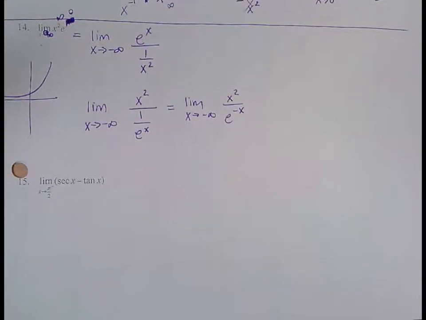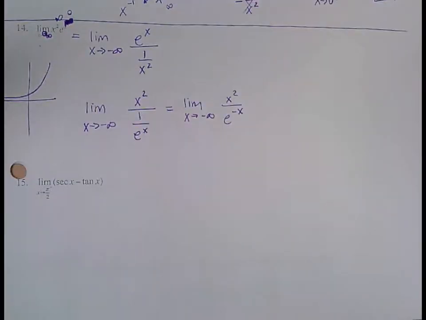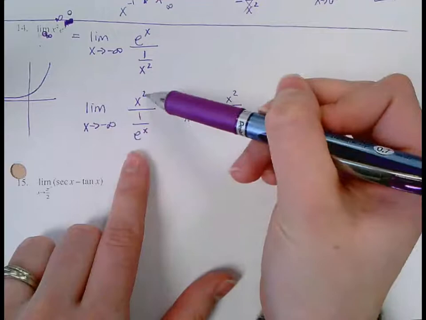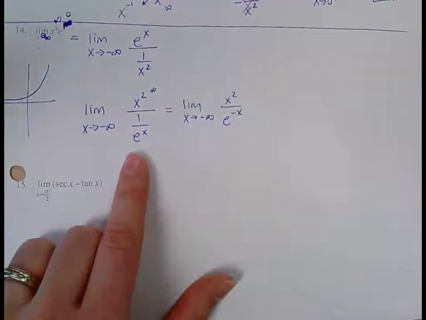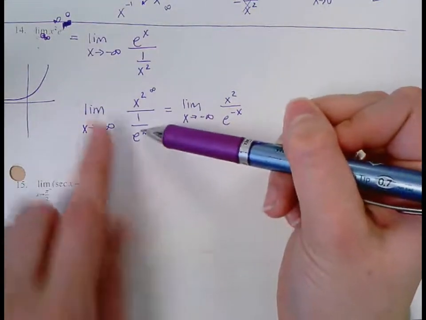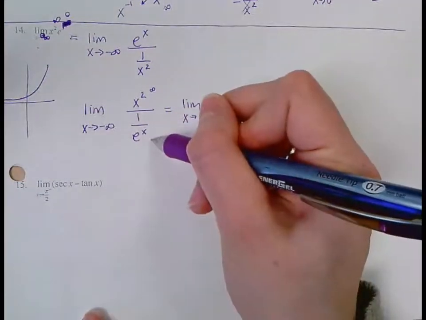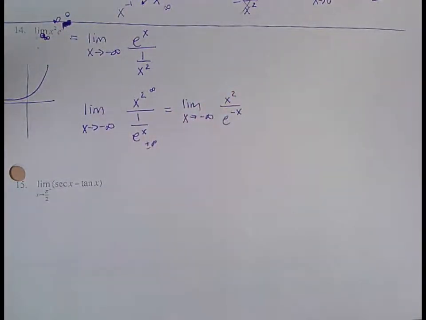Then I can use this form to show you why L'Hopital's rule would work. If x is approaching negative infinity, x squared approaches a very, very large positive number, and e to the negative x approaches infinity. The sign doesn't matter. You just need to know that you have infinity over infinity.